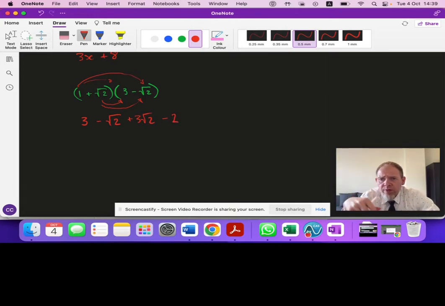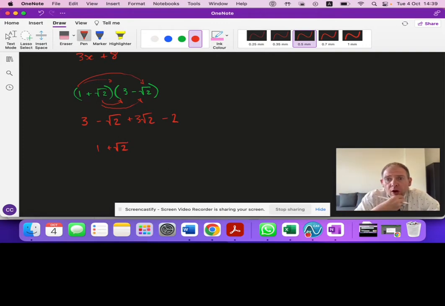Square root of 2 times the square root of 2 is 2, and one of them's negative, so we have that. Gathering like terms, we would end up with 1 plus 2 square roots of 2. That is super helpful. That is something that we really, really like.